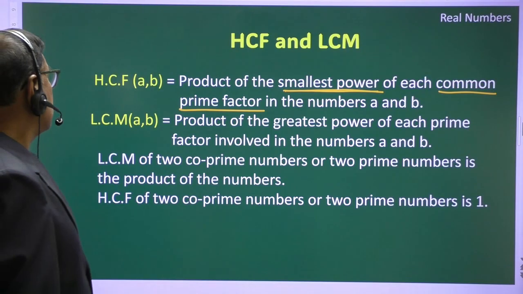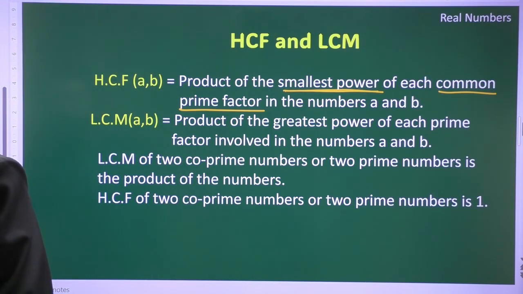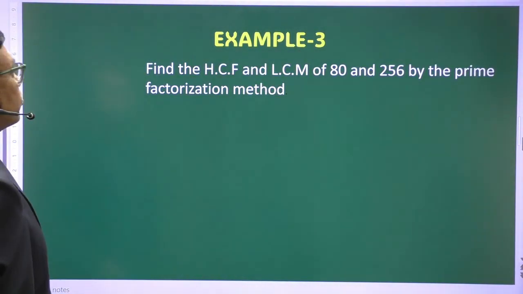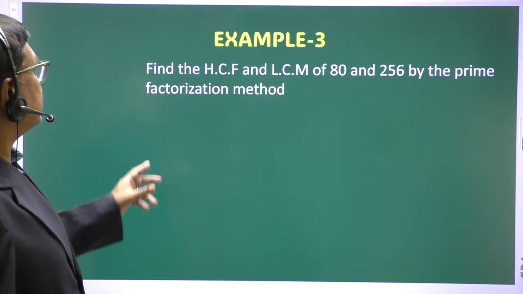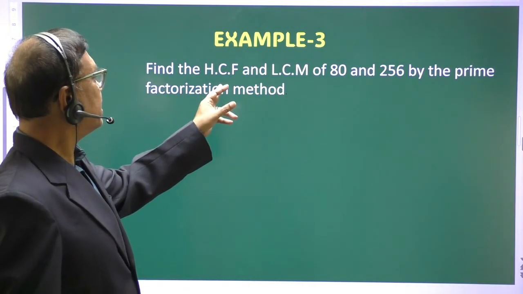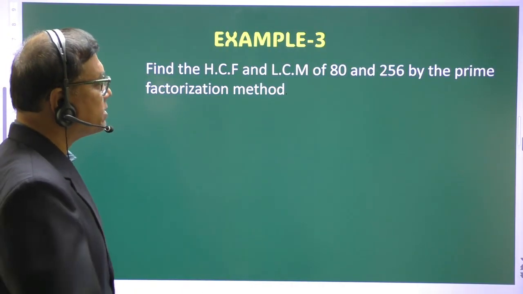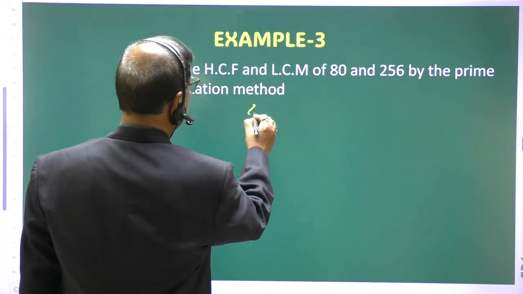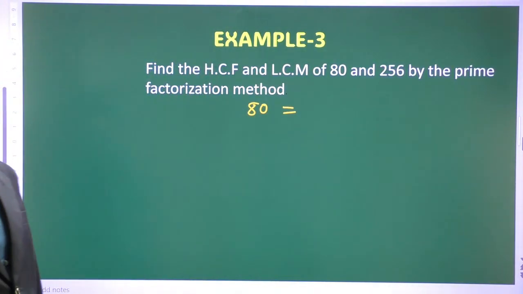Clear? So first I'll explain it with one example. If we solve this sum, then it will be clear how we can apply the method to find the HCF of two numbers. So 80, the first number, first we will express as the product of prime factors.